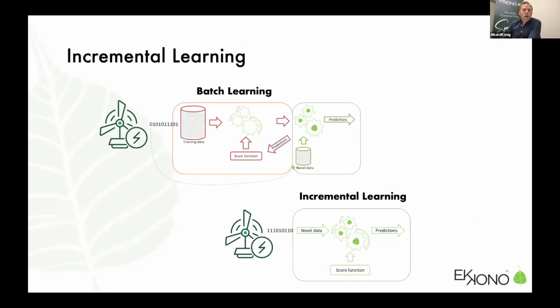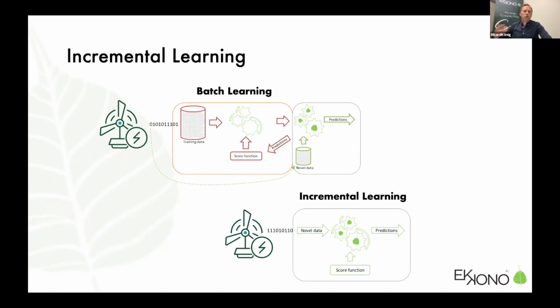And incremental learning differs from the typical machine learning approach, often called batch learning, which starts with collecting a large set of data in a database. Typically, here maybe we have a windmill that we want to do some predictive maintenance for, and we're collecting data continuously over a year maybe.